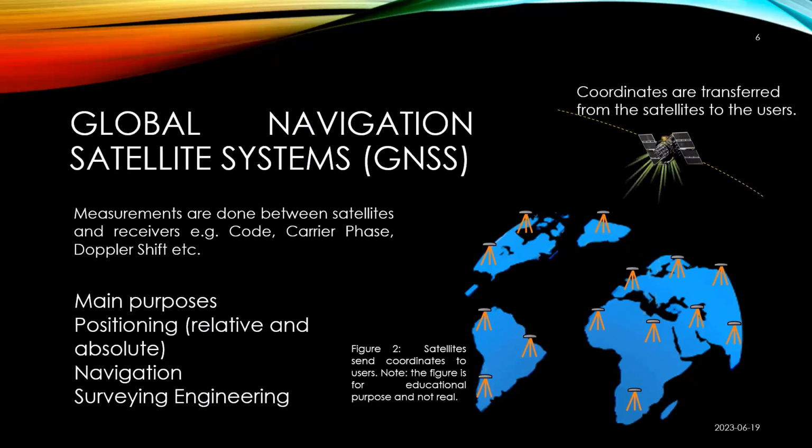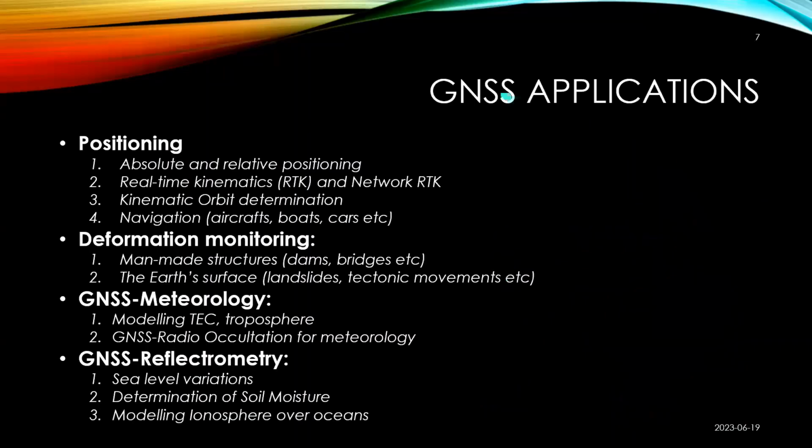The measurements, I think you all know about this. The GNSS system is very well known for code, carrier phase, and Doppler shift measurements, and others. There are other measurement types actually. But the main purpose or application, I would say, is positioning: absolute, relative, real-time, network RTK, kinematic, precise orbit determination, navigation.